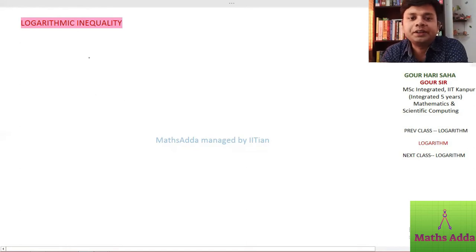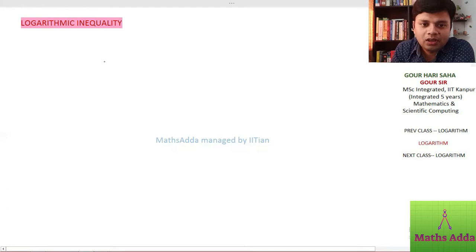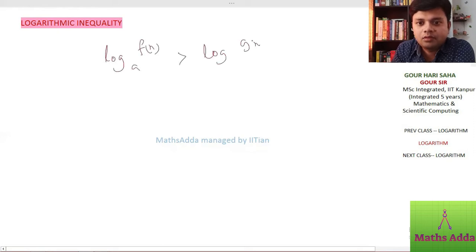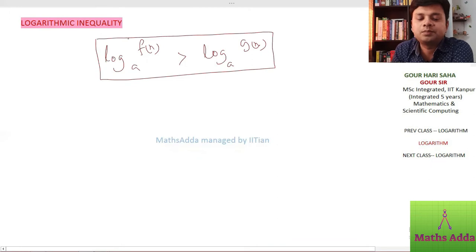Before we move ahead, let's see some more situations. If we see this type of inequality, log of f(x) base a greater than log of g(x) base a, how to solve it?